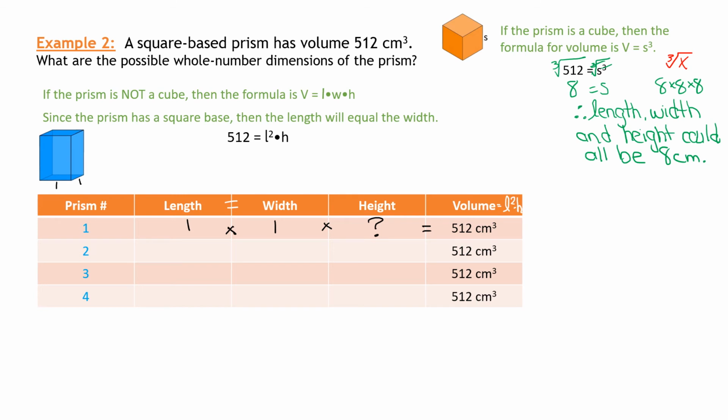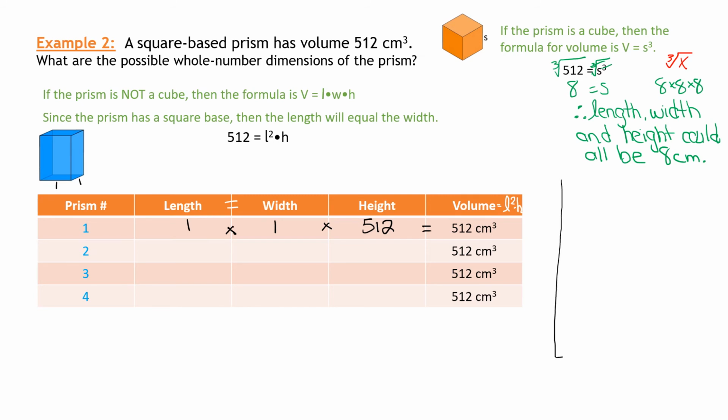Well, that's obviously got to be 512, right? So I could have these dimensions: a length of 1, a width of 1, and a height of 512. So that would be like a really tall, skinny one.